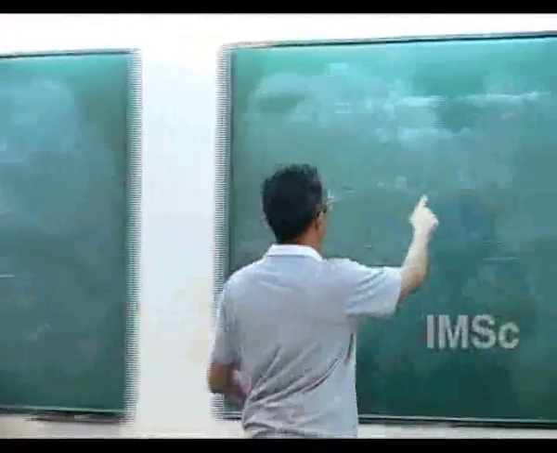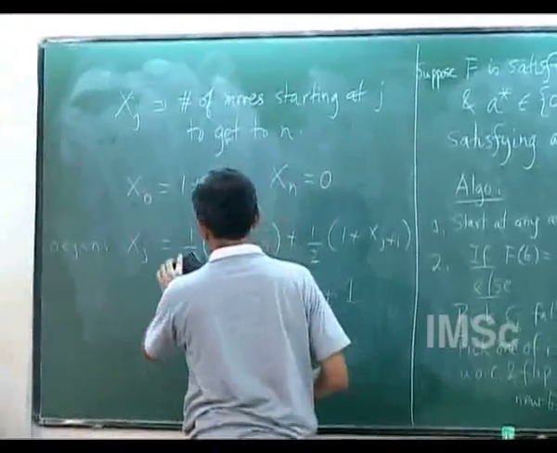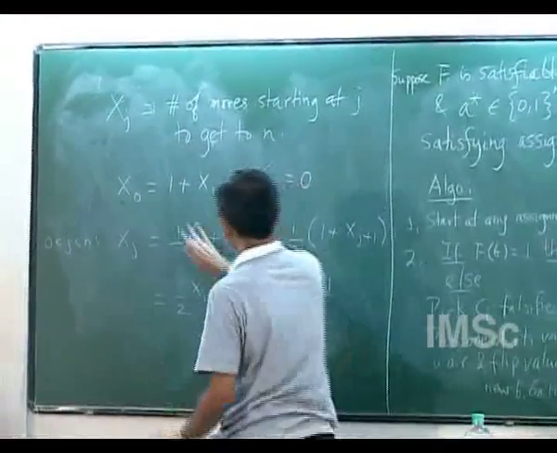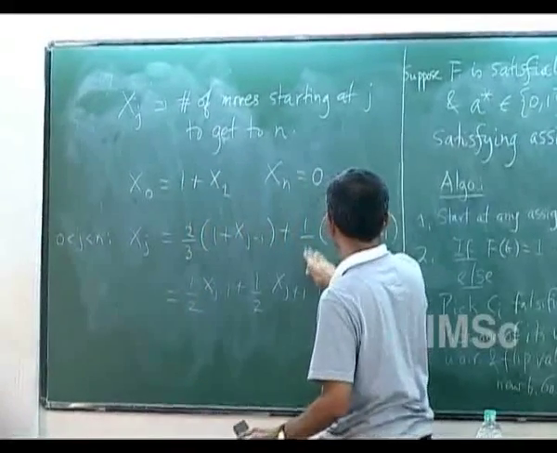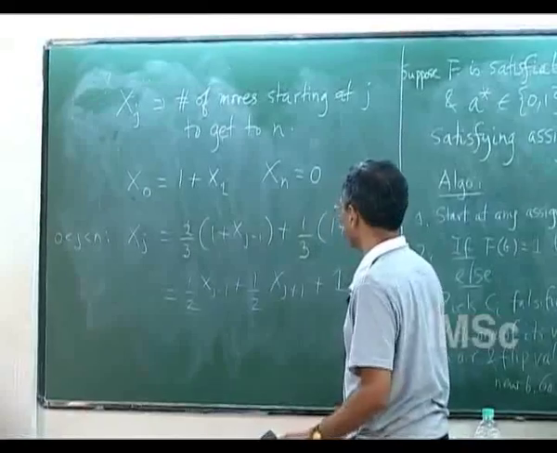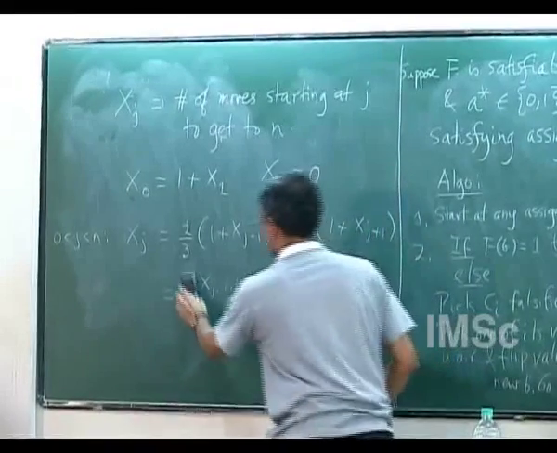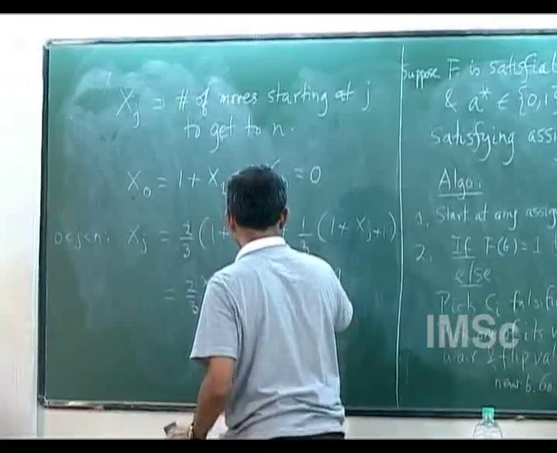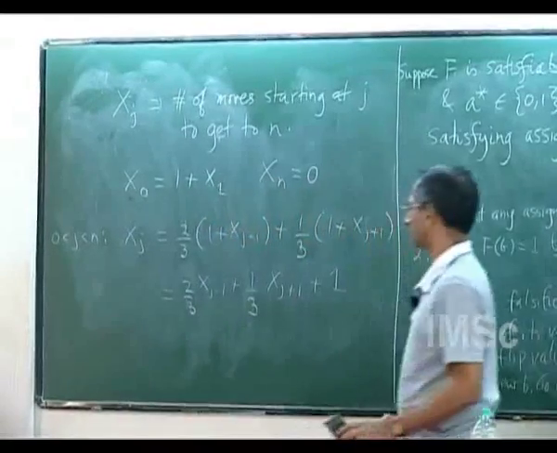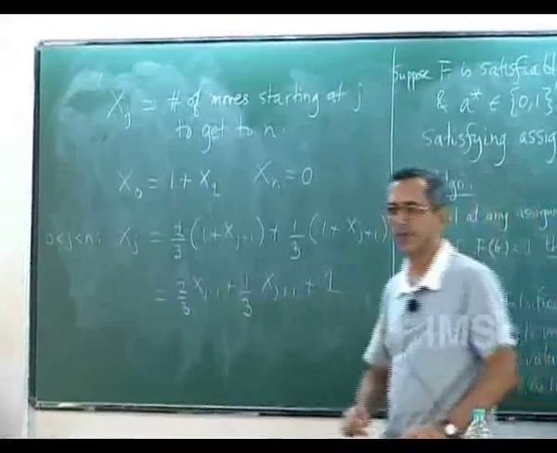So these two will be the same, but a crucial difference will be that you step to the left with probability 2/3 and step to the right with probability 1/3. This is the worst case behavior.